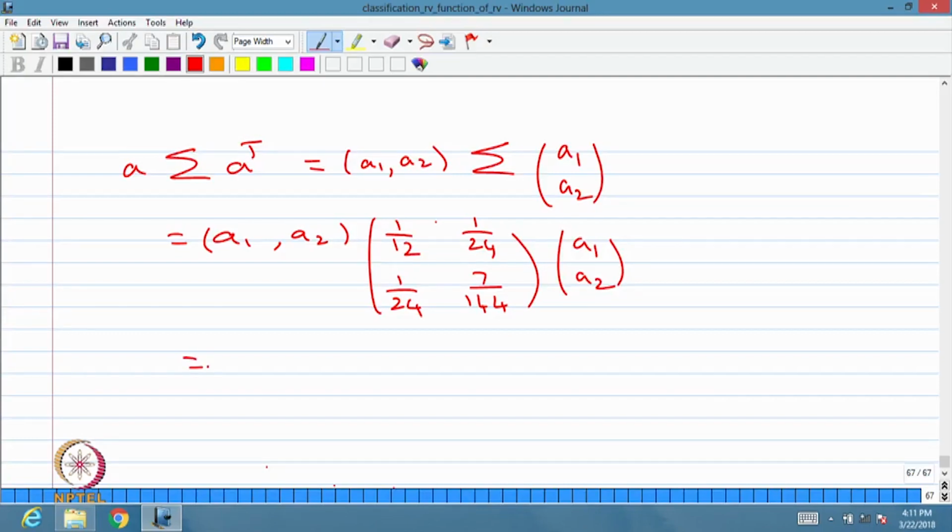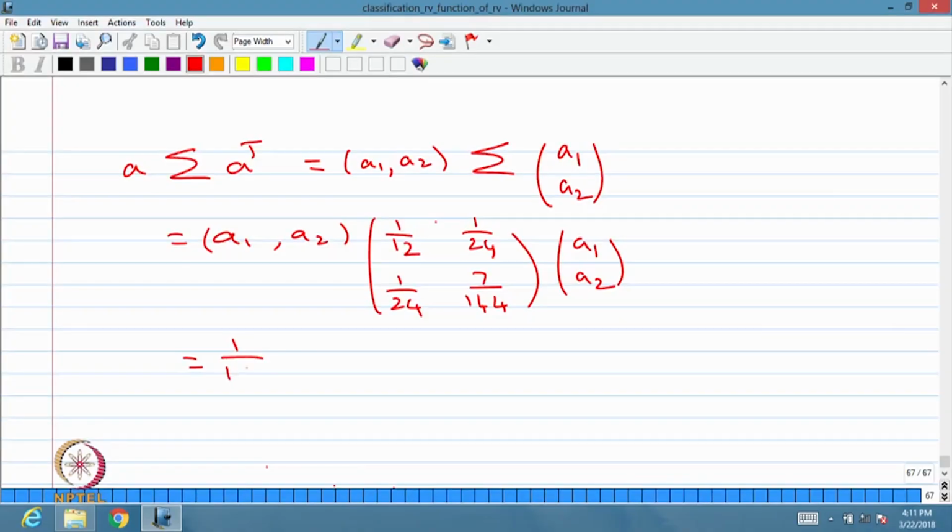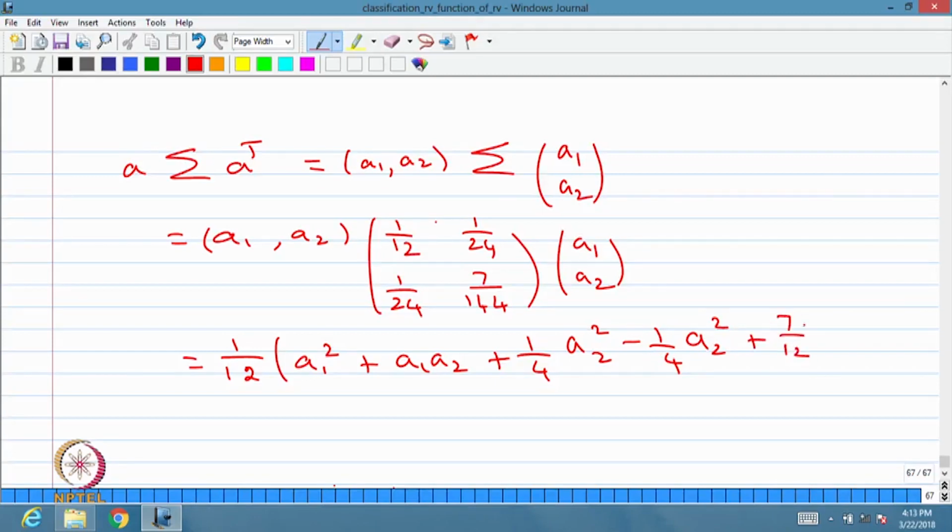Do the simplification. First you will get 1 by 12 A1 square plus A1 A2 plus 1 by 4 A2 square minus 1 by 4 A2 square plus 7 by 12 A2 square.